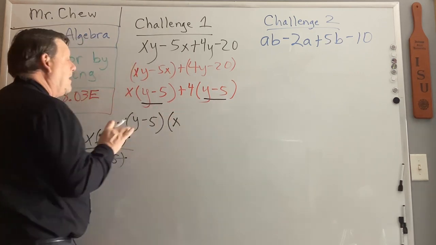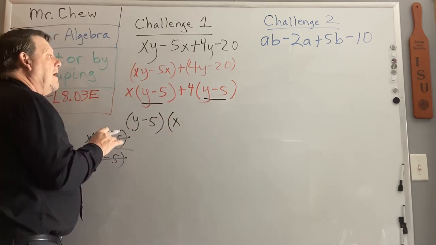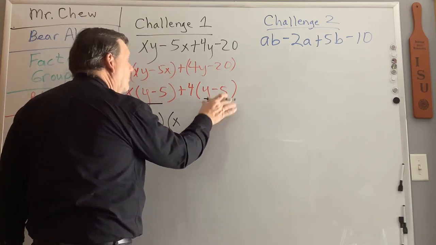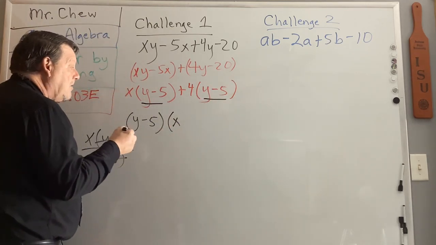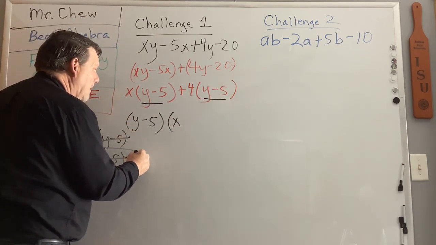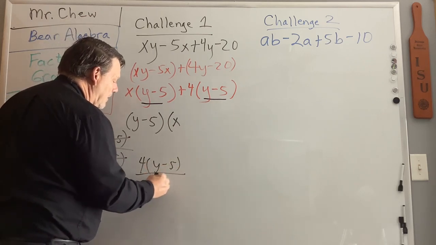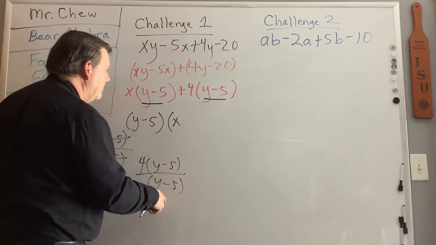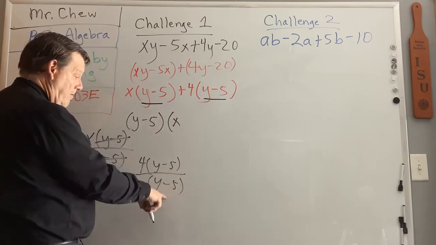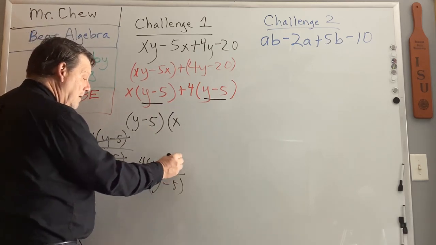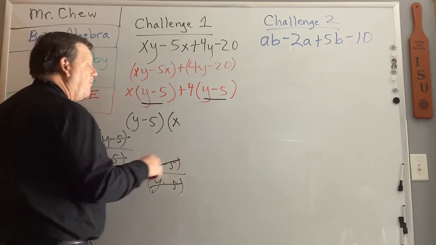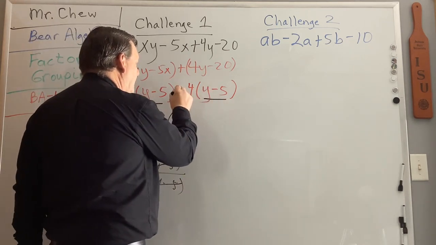And remember, it has to be in another parentheses. And then if I divide this by y minus 5, and it'll get easier the more you do it, I multiply by what I factored out right here, divide it by it. That cancels. And I've got a 4 here, and it's a plus sign here.